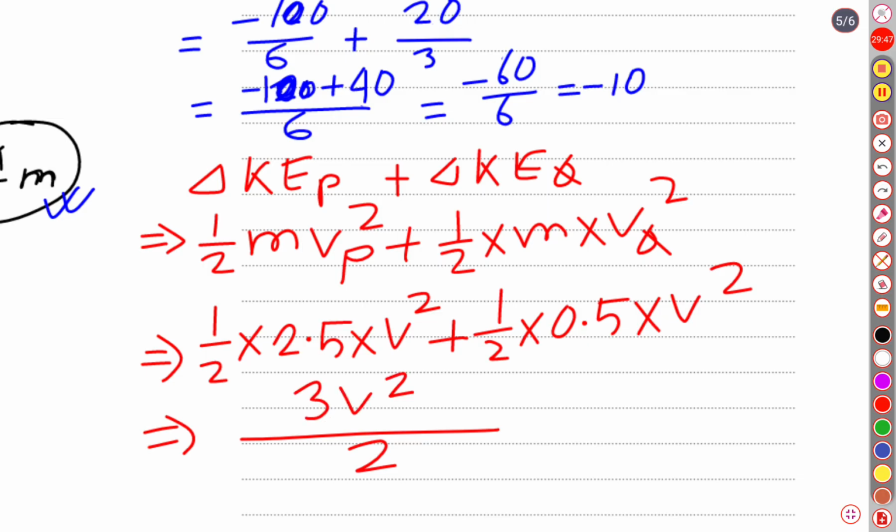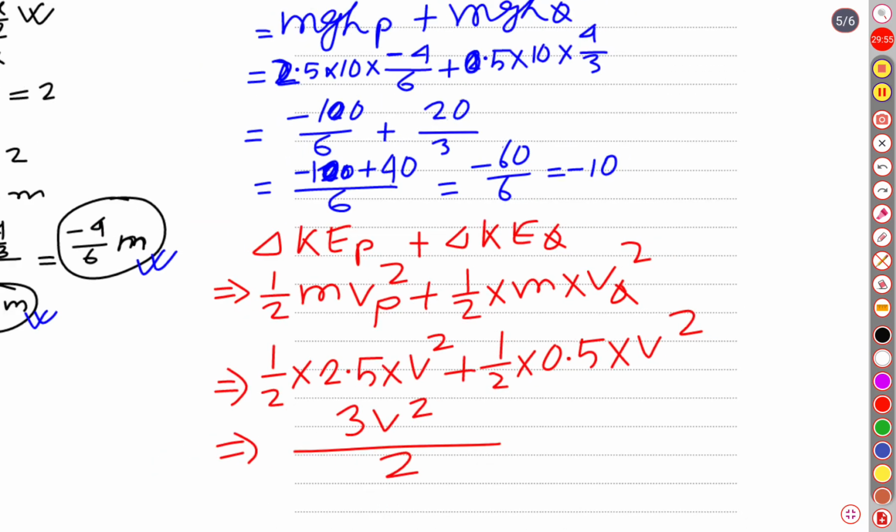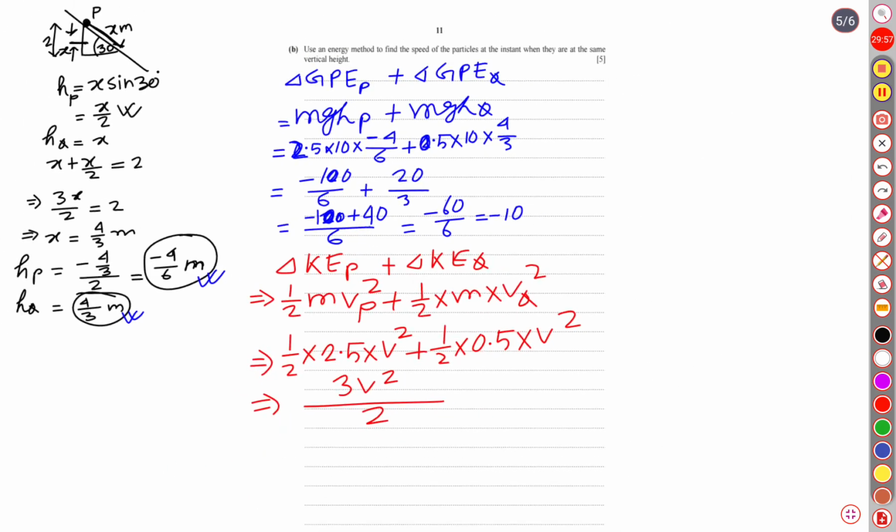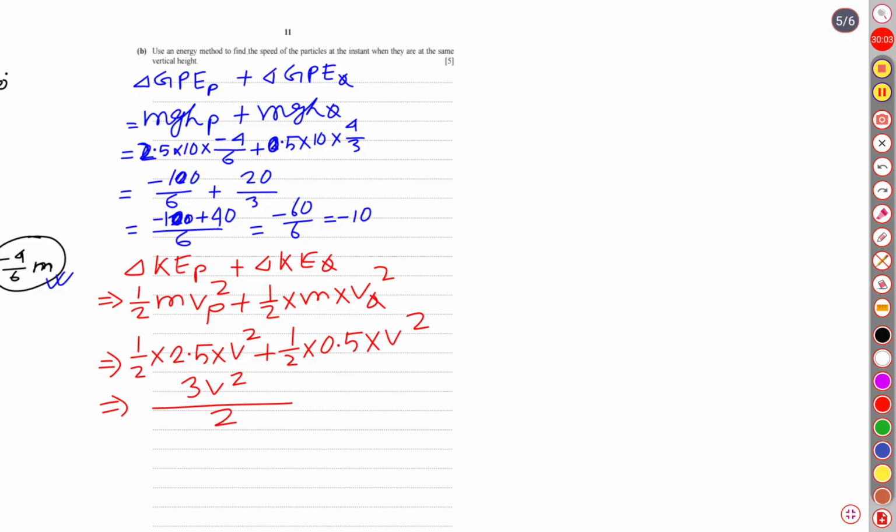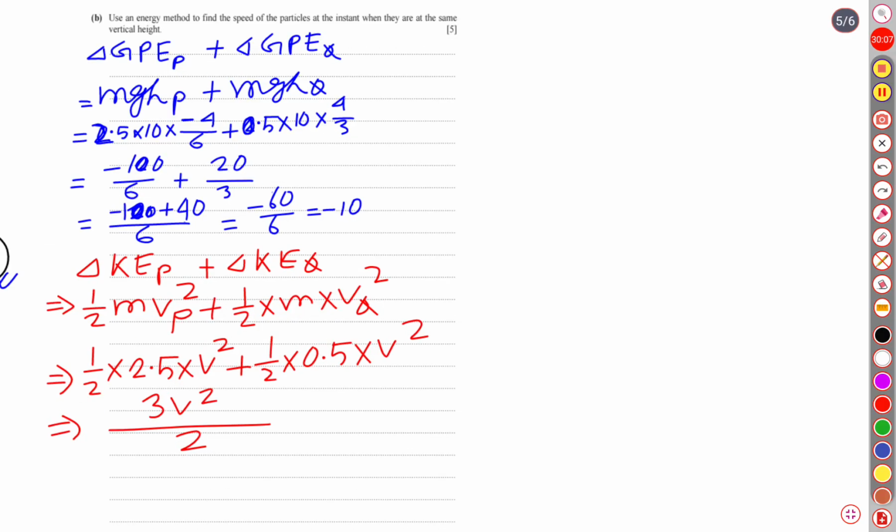So this is the change in total kinetic energy, and we have got both values: the change in total kinetic energy as well as the change in gravitational potential energy. Now we can easily apply the concept as they have suggested. We are going to apply the work energy equation.